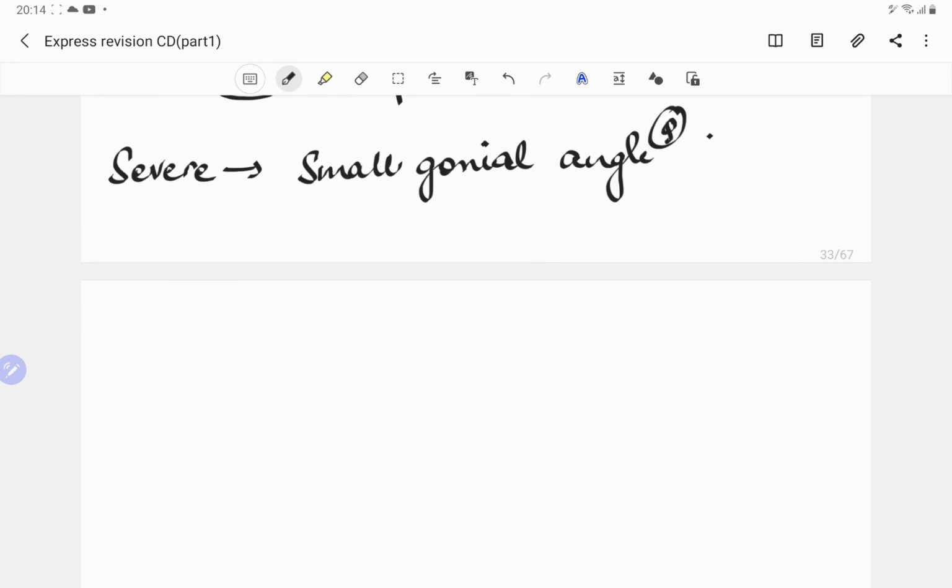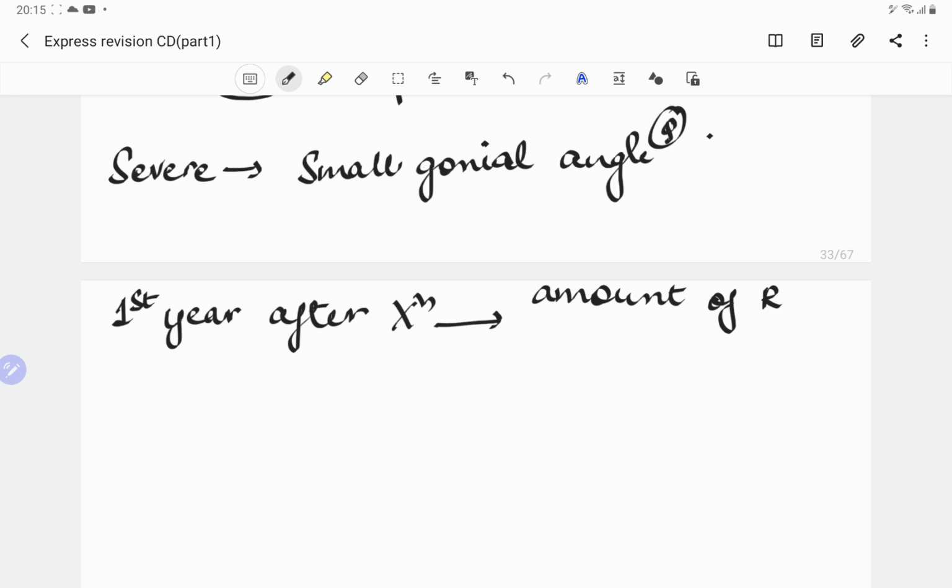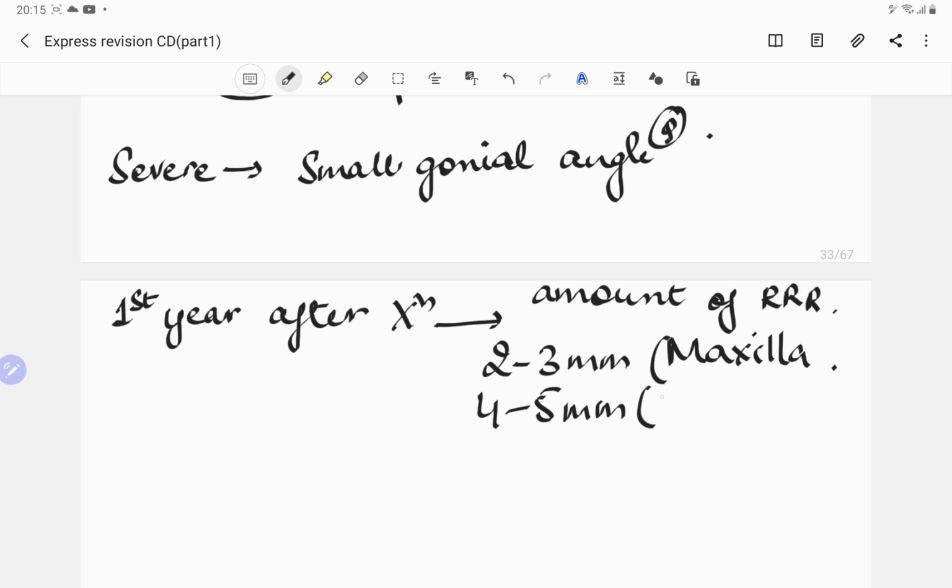The maximum amount of residual ridge resorption occurs in the first year after the extraction. In the first year after the extraction, the amount of residual ridge resorption is 2 to 3 millimeters for the maxilla and 4 to 5 millimeters for the mandible.